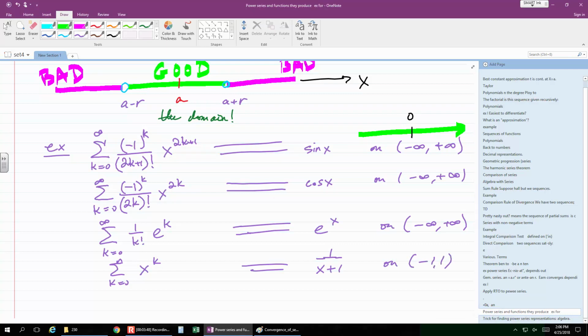So this one is not infinite. It has two holes at negative 1 and 1, and outside it is bad. So the three are good ones, and one is limited to an interval.